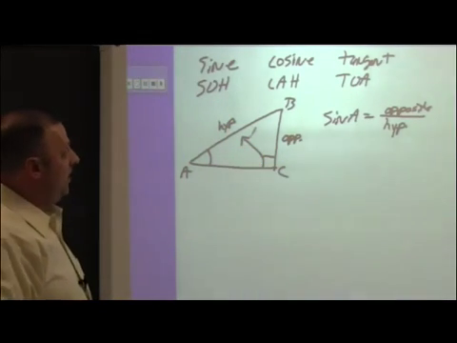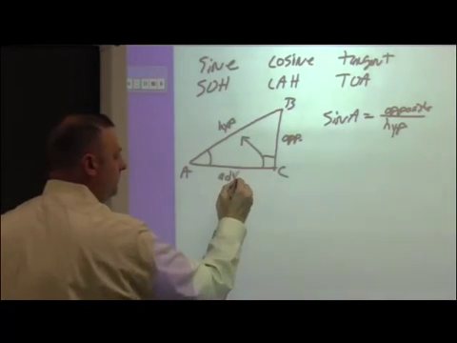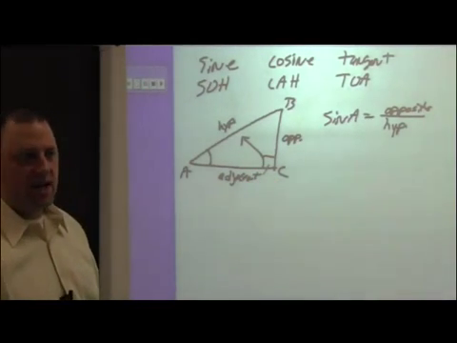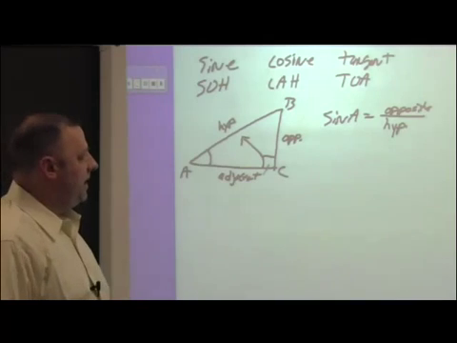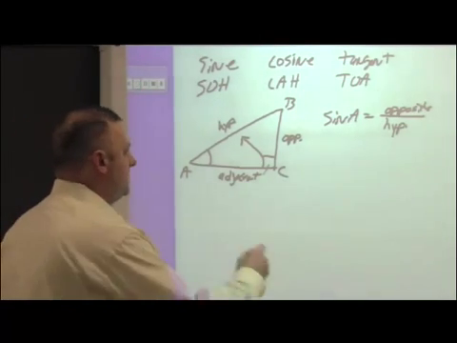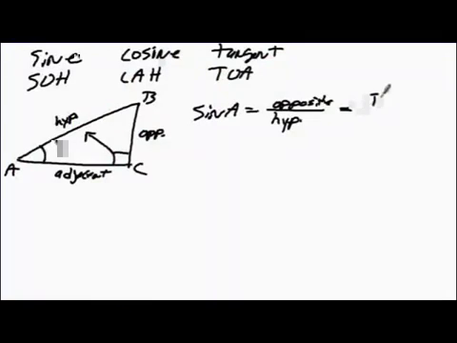Well, geez, the only one left is the adjacent. And that's the hardest one to figure out. So I usually figure out what's the opposite of that angle. The hypotenuse is always opposite the right angle, so it leaves you the adjacent has to be the missing side. So in this triangle, the opposite side is BC, so I'm going to write BC over the hypotenuse, which is AB.